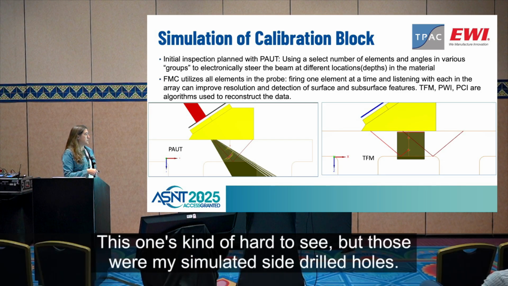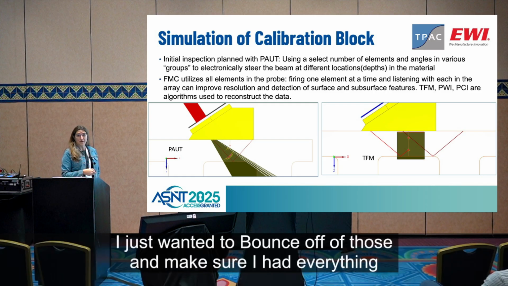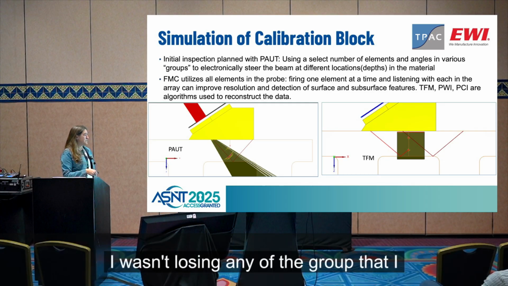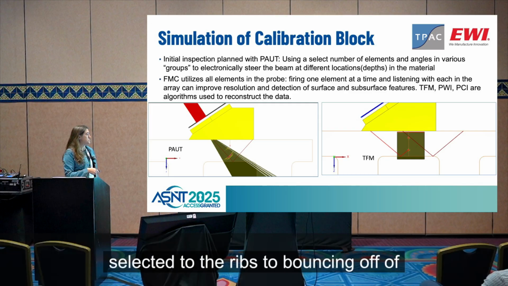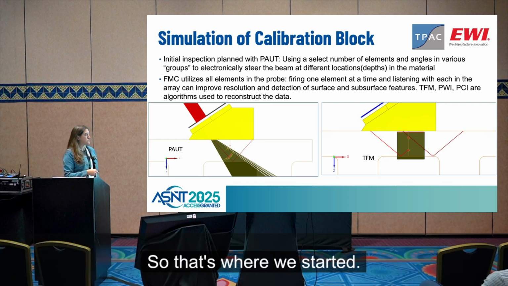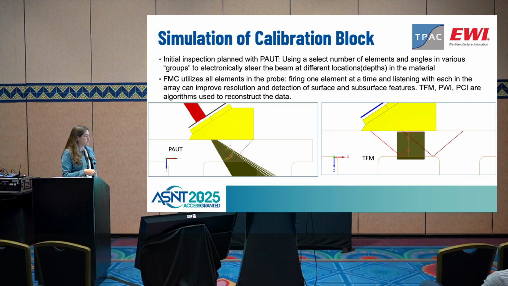This one's kind of hard to see, but those were my simulated side drilled holes. I just wanted to bounce off of those and make sure I had everything going the right direction, that I wasn't losing any of the group that I selected to the ribs, to bouncing off of the corners and becoming useless for us. So that's where we started.